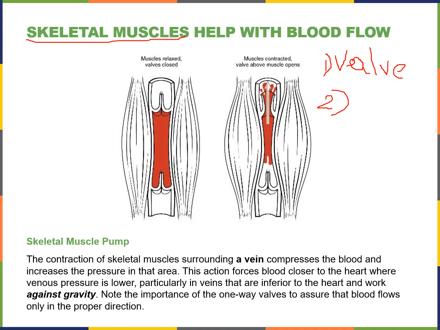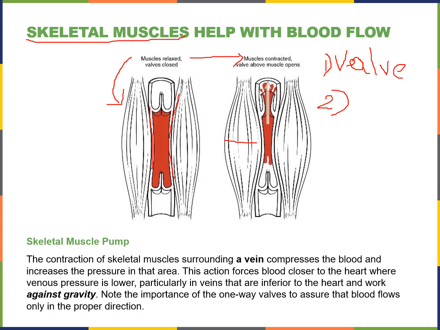So let's take a look at this. Let's say this is your calf muscle, right? The gastrocnemius. Remember, you had to learn your muscles. So the muscle is relaxed, the valves are closed. Now, when the muscle contracts here, it puts pressure on this area where we see a vein. The vein has blood in it.